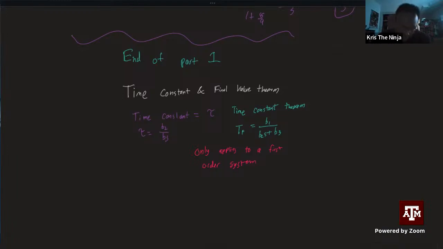A quick example drawing of this could be something like this. You got a U going into a P with an output Y. You got a loop back, and then you have P equals B1 over B2S plus B3, and then tau once again equals B2 over B3.